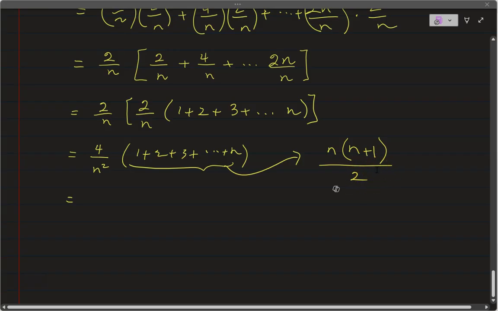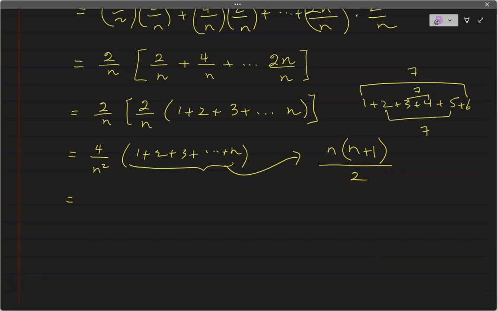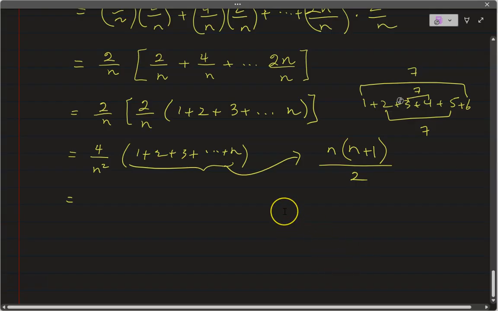If you add 1 plus 2 plus 3 plus 4 plus 5 plus 6, if you add the first term and the last term, you get 7, but you always get 7. And you notice that there are 6 terms, but there are 3 sums. That's why it is n divided by 2, where n is the number of terms in that sequence. This is from a previous grade, probably grade 11 or grade 12, but that's the form here, so we're going to use that.